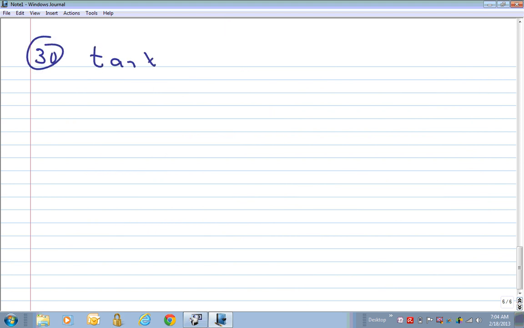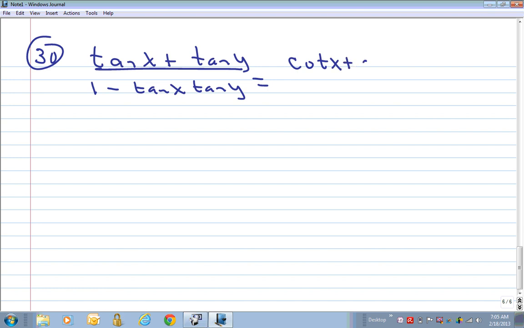We have tan x plus tan y over 1 minus tan x tan y. And that is equivalent to cotan x plus cotan y over cotan x times cotan y minus 1. All right, I'm not sure which side looks simpler, and so we're not really simplifying, we're verifying.